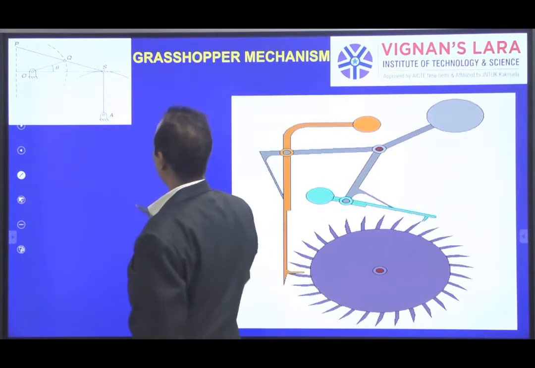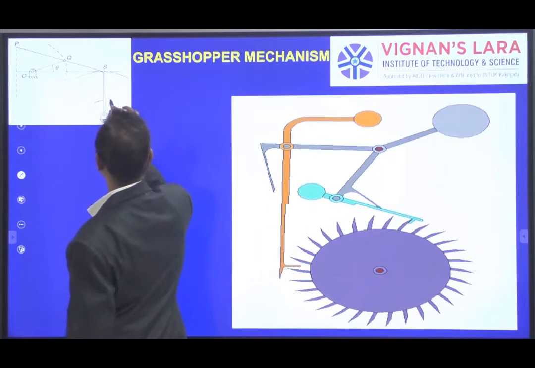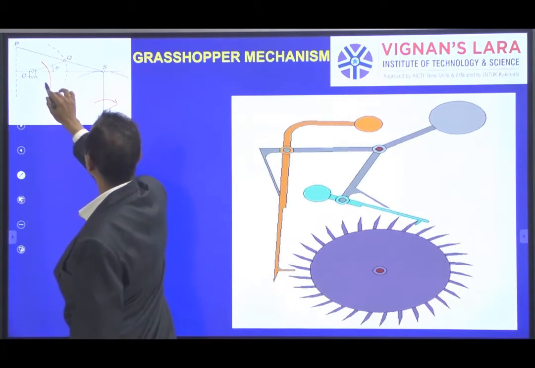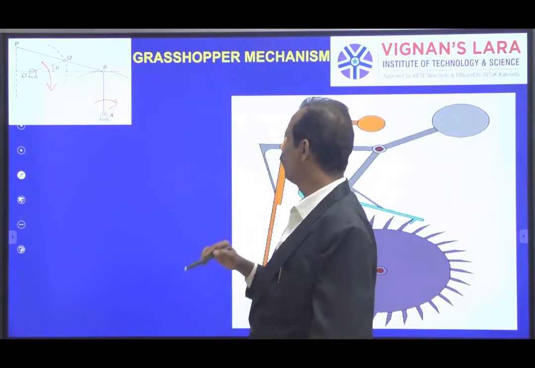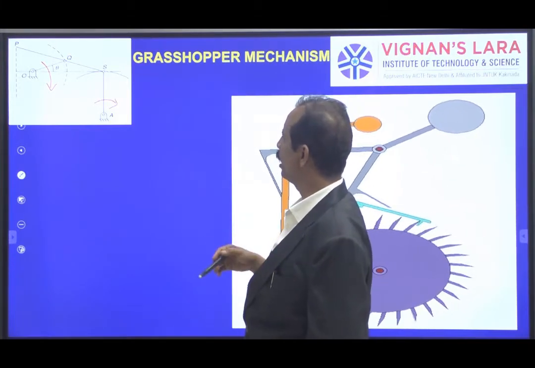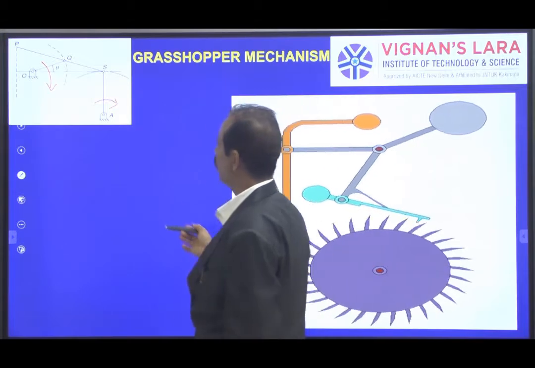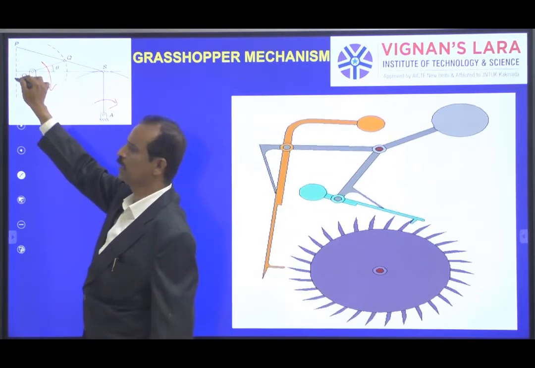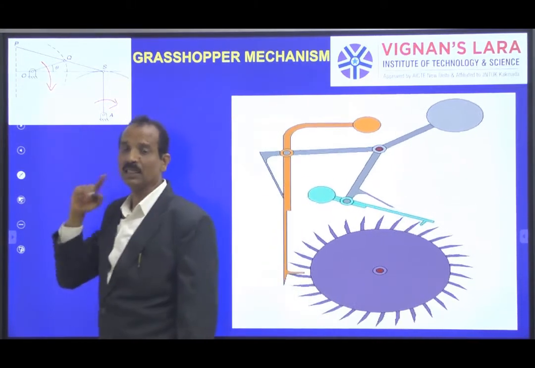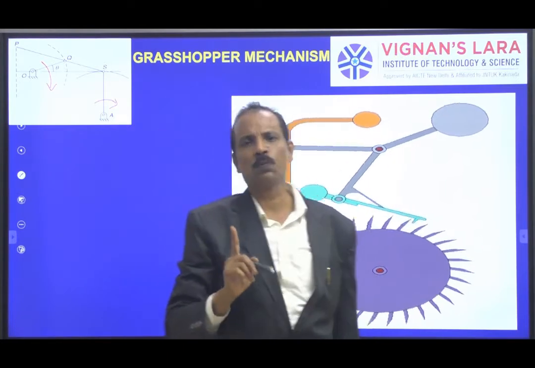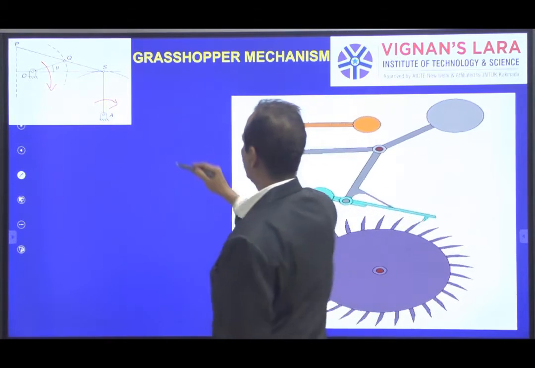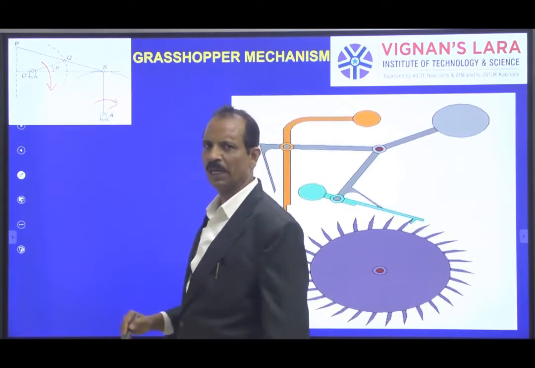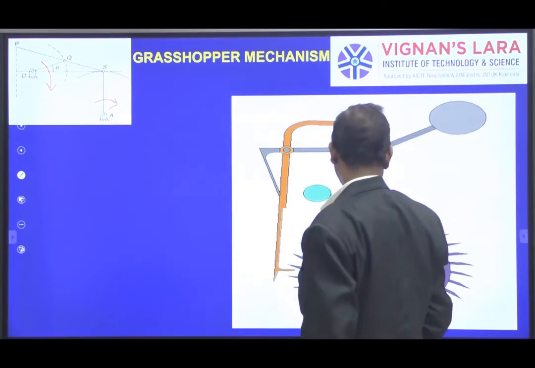Okay, so for small angular displacements of AS and the other links, the path traced by P is a vertical line. This is also valid for small angular displacements and for a large length of AS, isn't it?